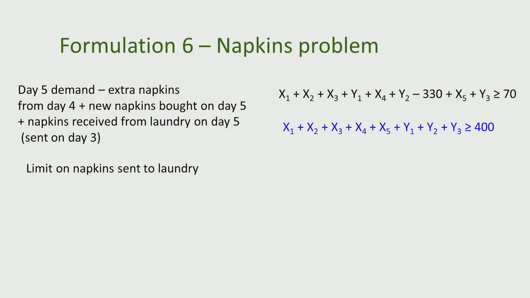Now, we also have some limits on the number of napkins that can be sent to laundry. Now, these are y1 less than equal to 100, y2 less than equal to 60, and y3 less than or equal to 80. This is because the demand for day 1 is 100, and therefore, at the end of day 1 we can have a maximum of 100 soiled napkins, and we will assume that all these 100 are used by the people, and therefore poses a limit on what can be sent to the laundry at the end of day 1.